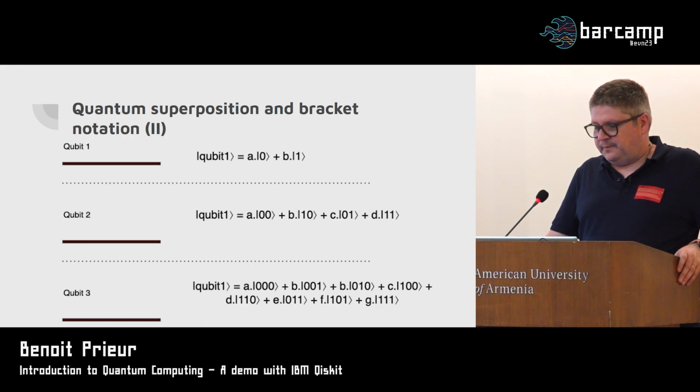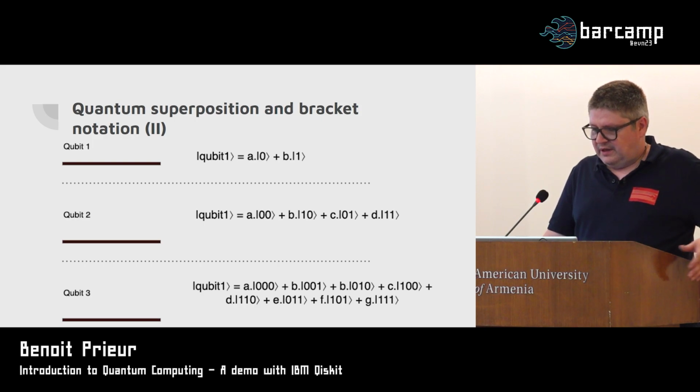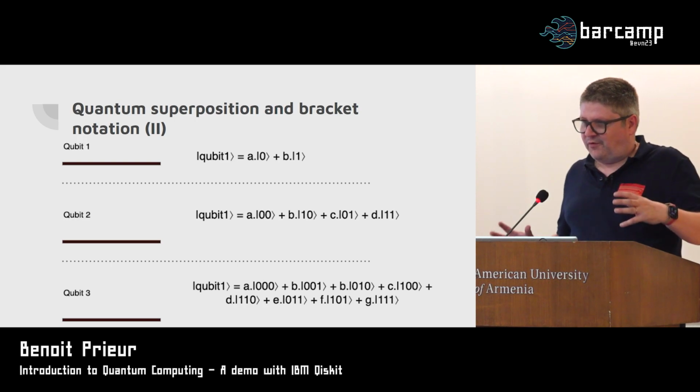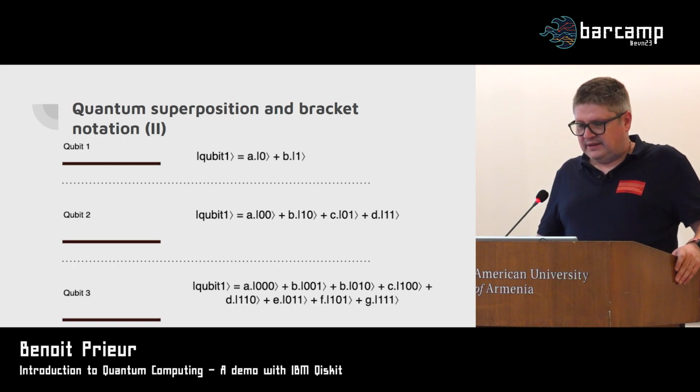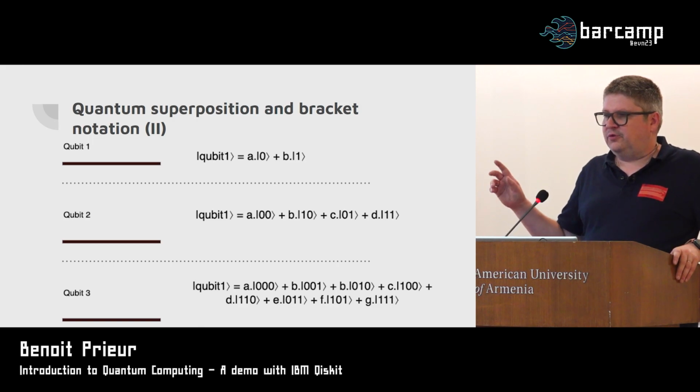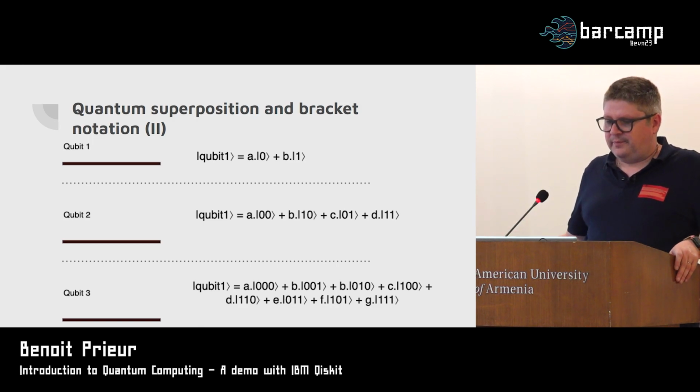And if I have two qubits, you see the combination is much more relevant. We have 4 possibilities. So it's a combination of 4 states before measurement. With 3 qubits, it's 8 states, like that. So it's 2 to the power of the number of qubits.